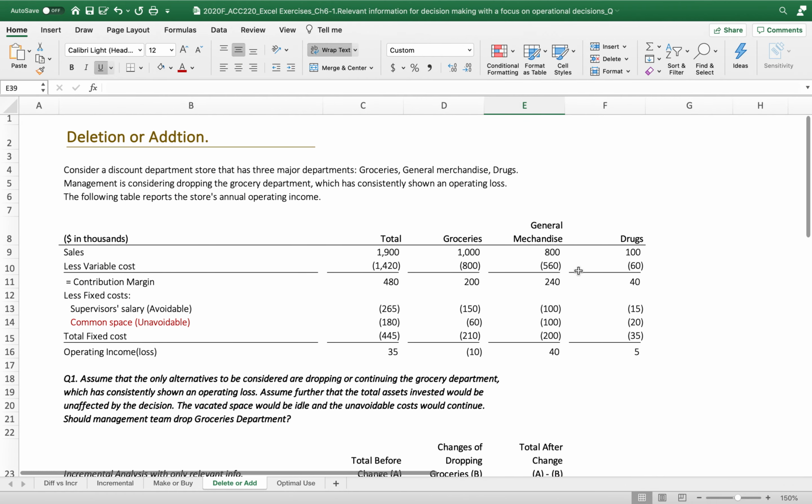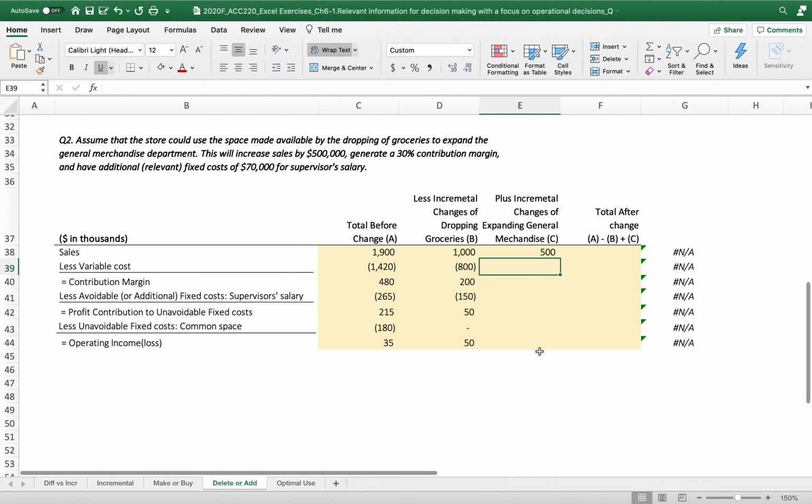Please ignore this $800,000. That is not the incremental change. The incremental change in sales is $500,000 by dropping the grocery and expanding the general merchandise. So 500 is the increase. Then how much is the variable cost?